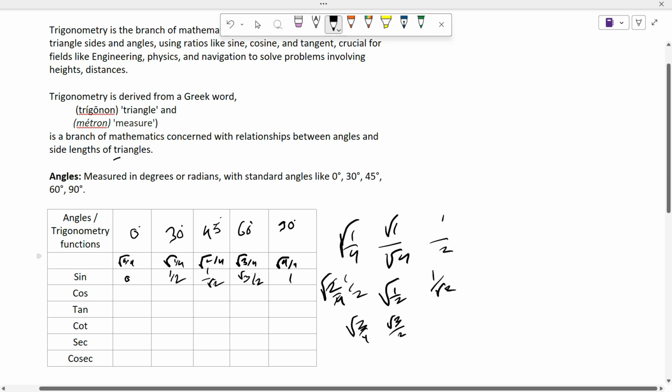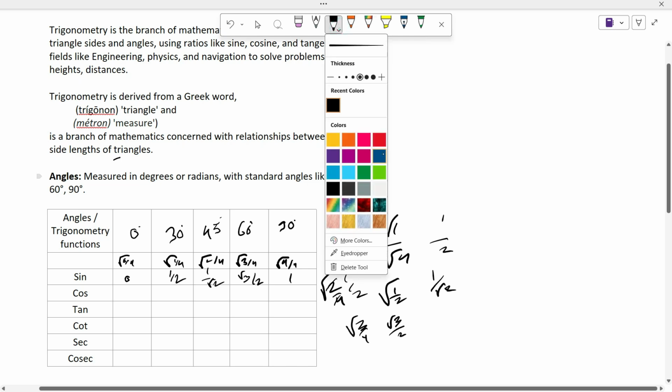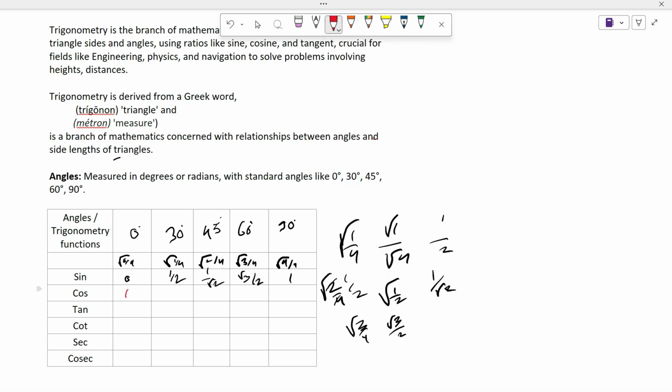Once you get the sine values, then automatically you will get the other values. Let us see how to get the cos values from the sine. You will take this 90 degrees value and keep it here. I will take another color for this. So 1 will be here, and then cos 30 is nothing but sine 60.